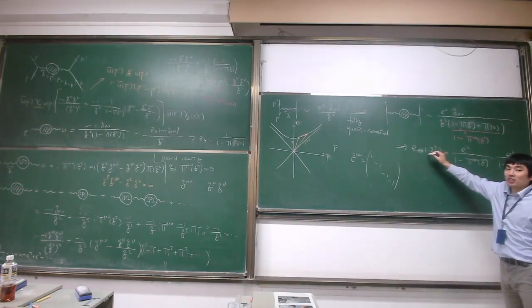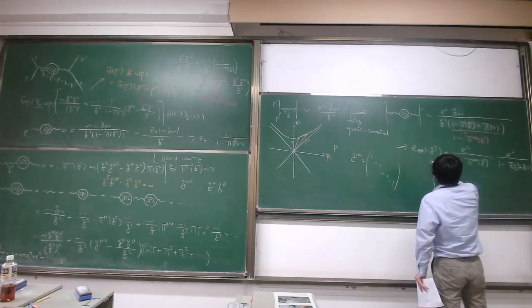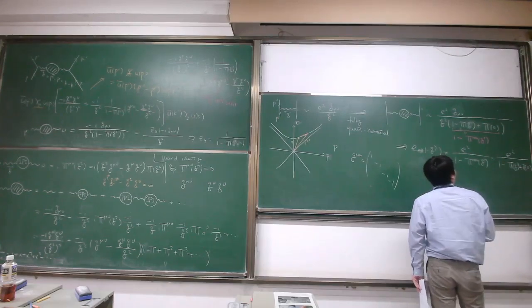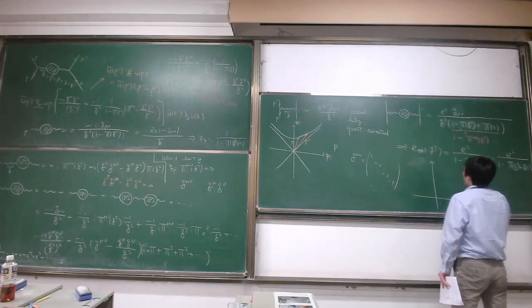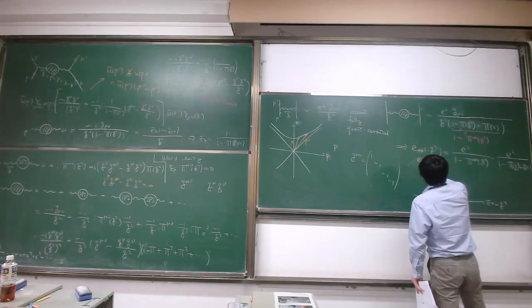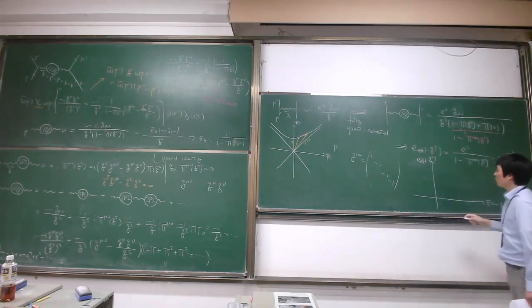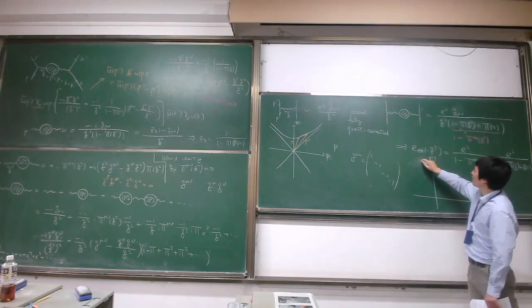But anyway, the electric coupling constant really depends on the energy scale Q squared. As we will see, the energy level is equal to minus Q squared, and the effective coupling constant e effective of minus Q squared. I think I call it alpha.